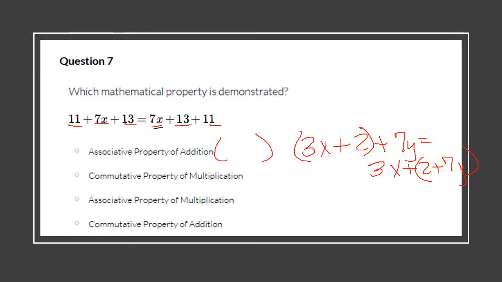So the 7x was second in your problem, now it's first. 13 is third in your first expression, now it's second, and 11 was first, now it's last. So I see commutative property up here as well as right here. The difference is the multiplication or addition. If you look up here, we're dealing with addition, so it would be commutative property of addition.